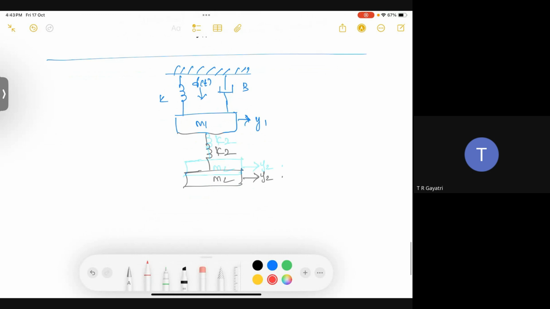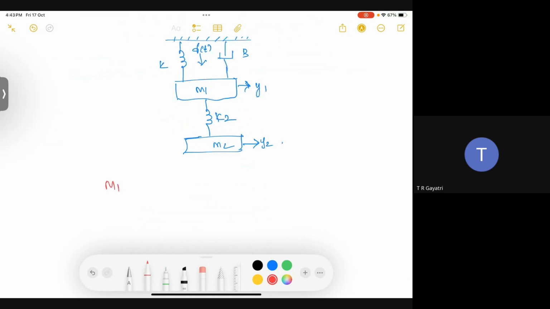Now start writing from one mass. Whatever displacement is given there will be in terms of acceleration. m1 d squared y1 by dt squared plus b dy by dt plus k y1, because it is not common with anything else, equals f of t.